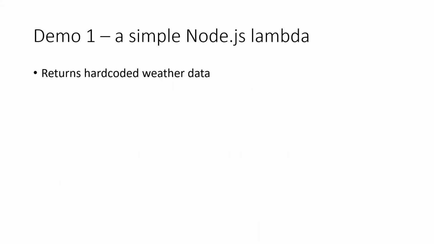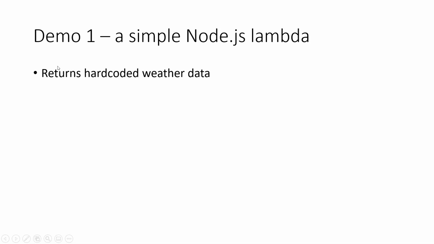In this demo, what I wanted to show you is a simple Node.js Lambda. So we just wrote a hello world Lambda function with Node.js, right? What we'll do is, this will take an HTTP request. Essentially, it's the same event, same context and everything, but you will return hard-coded weather data.